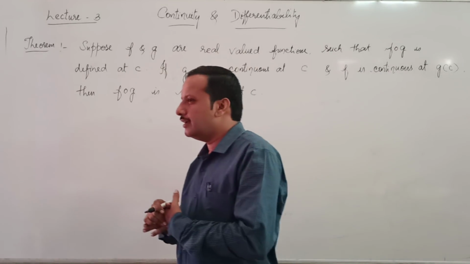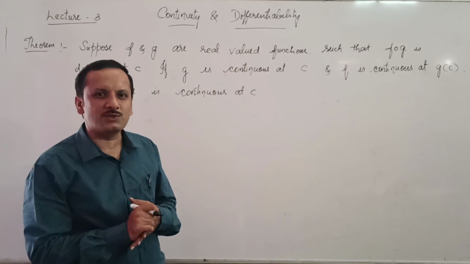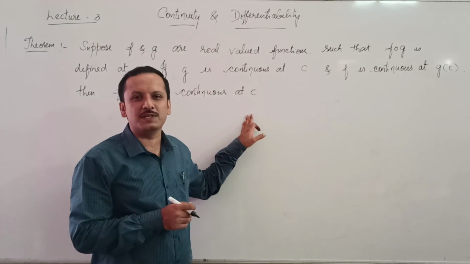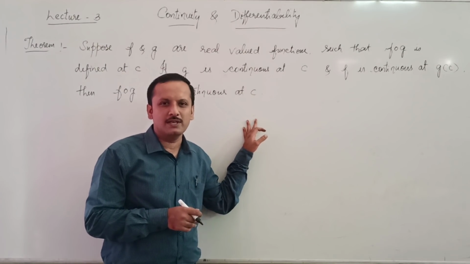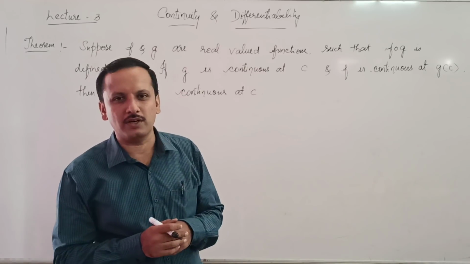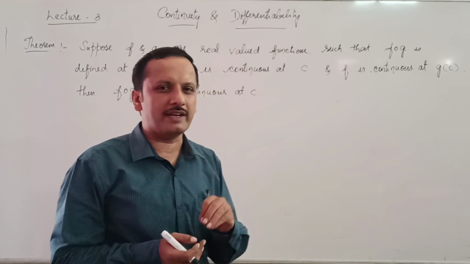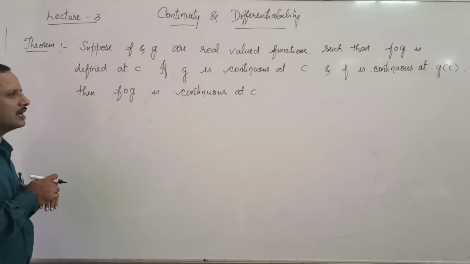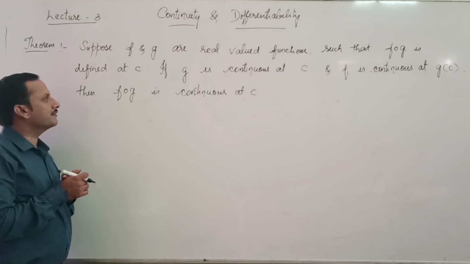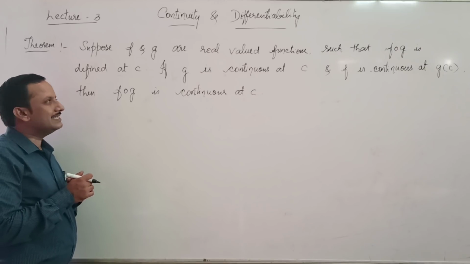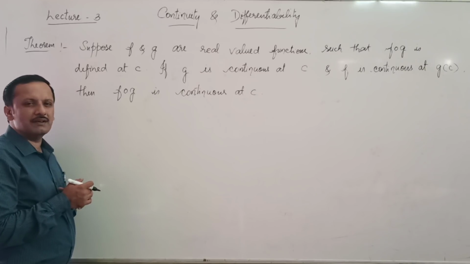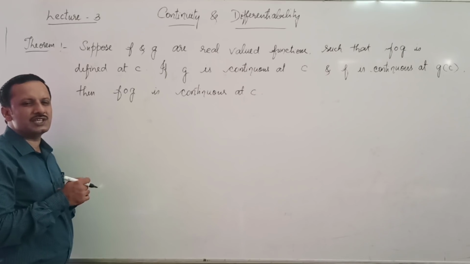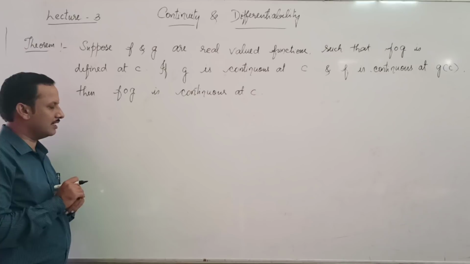Now, as is the case with most of the theorems, the proof of this theorem is beyond the scope of your syllabus, so this proof is not included in your syllabus. However, I will briefly explain the meaning of this.